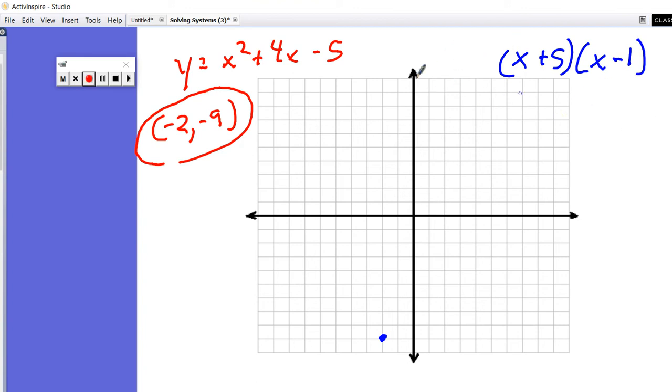And once I factor, if I take it further and solve it, this will tell me where the quadratic is going to cross the x-axis. So when I solve each one of these for x, I know it's going to cross the x-axis at 1 and -5.